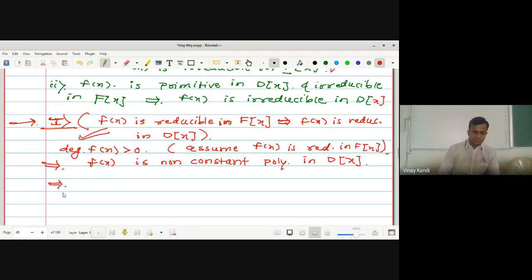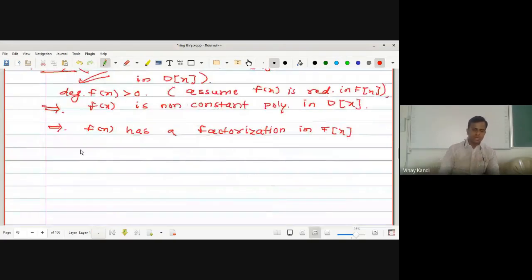Then it implies that f of x has a factorization in capital F of x. Why? Because f of x is reducible in capital F of x.